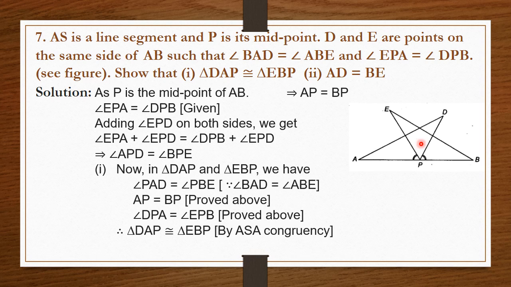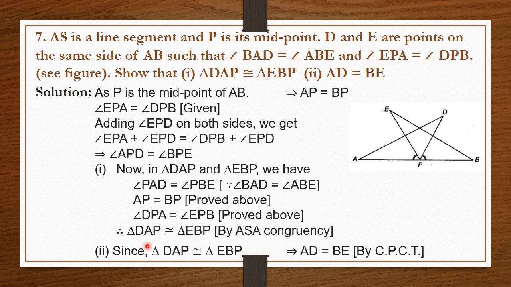Therefore, by angle, side, angle, we get the ASA congruency rule. So triangle DAP is congruent to triangle EBP. If these two are congruent, we can say that AD is equal to BE by CPCT, right? AD is equal to EB.